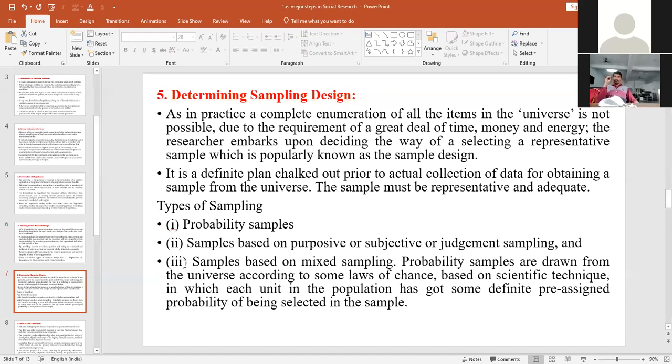So the sampling design saves the time, the money, and the energy of the researcher. It embarks upon deciding the way of selecting a representative sample, popularly known as sampling design. Sampling design is one of the tools used by the researcher to collect the data in a systematic manner.